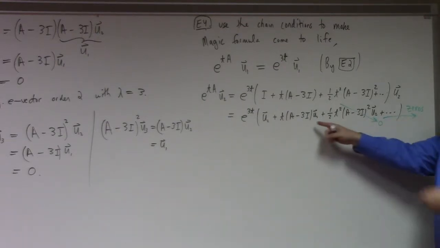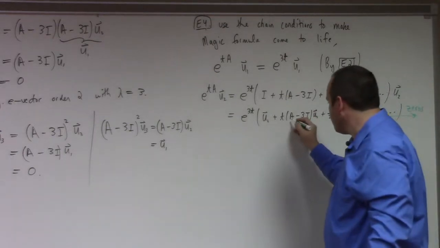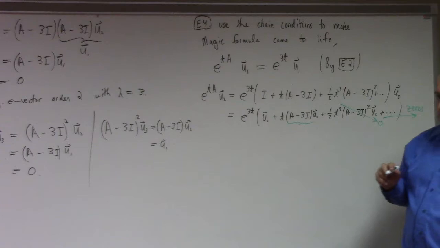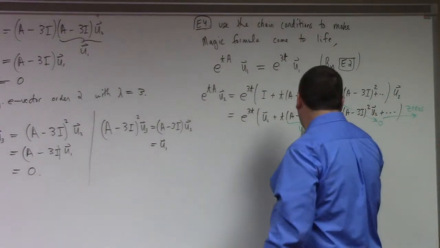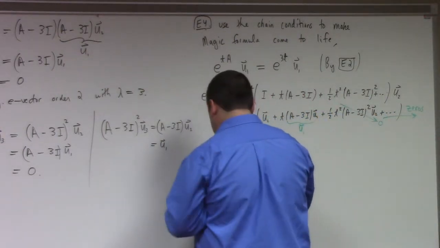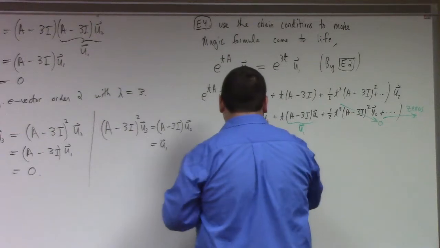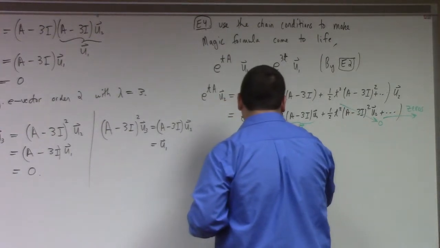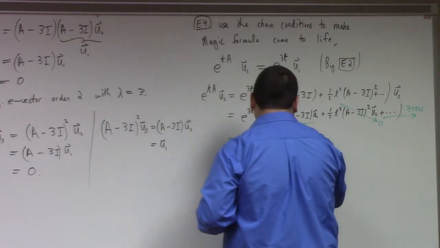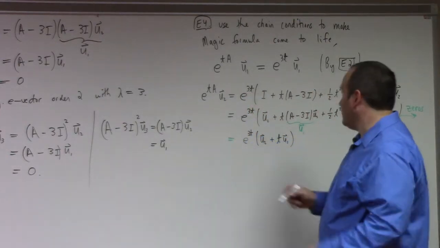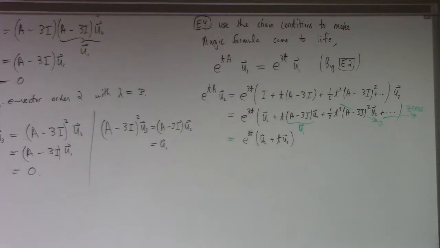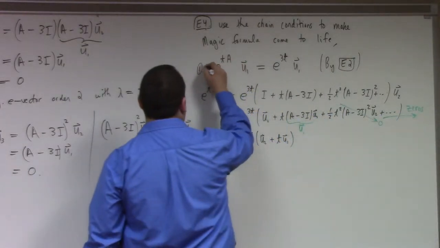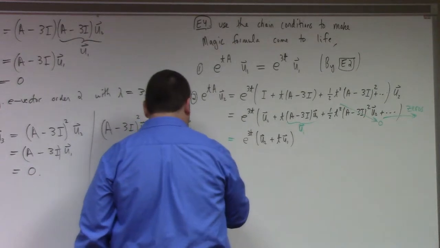How about this? What's (A - 3I) times u2? That's u1, right? So we get e^(3t) times (u2 + t u1). So let me say this is part 1, this is part 2, let's do part 3.